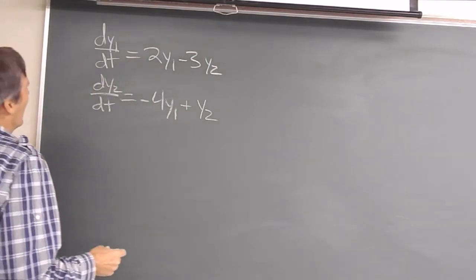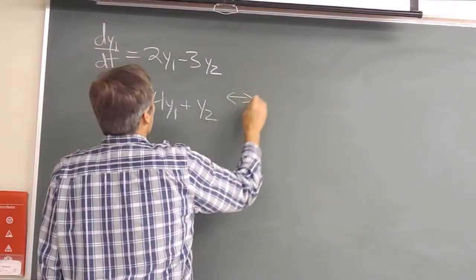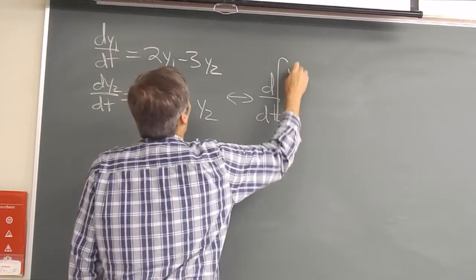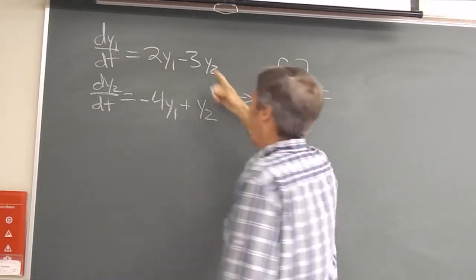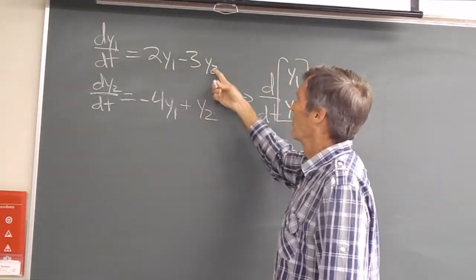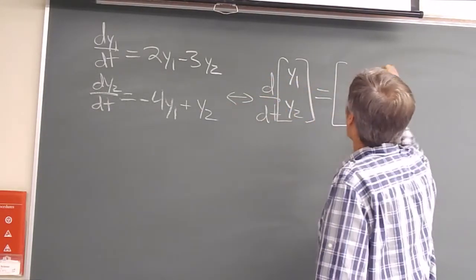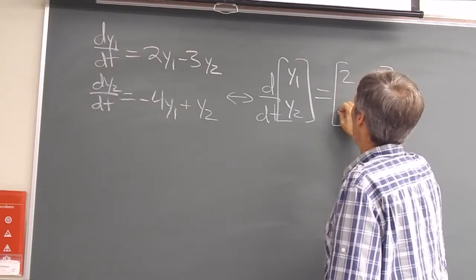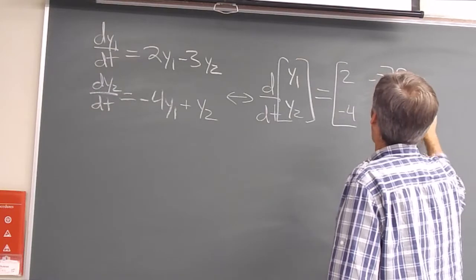I now begin by rewriting it in matrix form. I write d/dt to the left side, y1, y2 equals, and I can write this in matrix form. There's no functions of t, so it's actually just alone. So there's just a matrix 2, minus 3, minus 4, 1 multiplying y1 and y2, right?